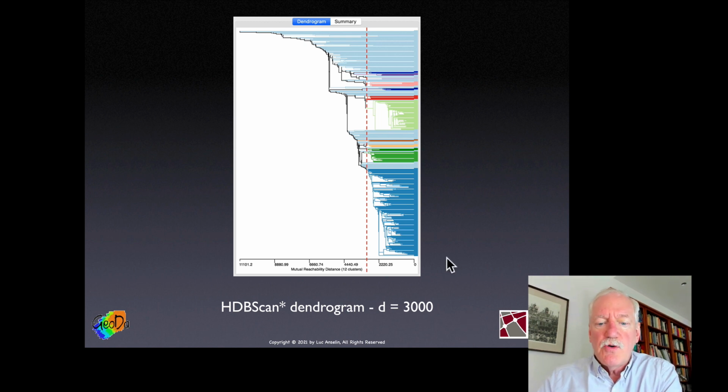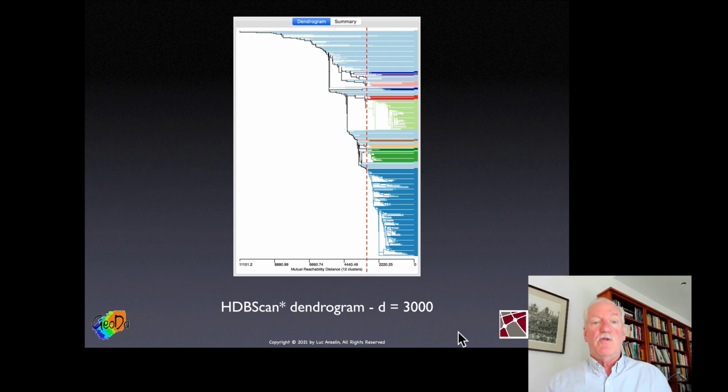This tree structure shows how we go from each point being its own cluster to all the points forming one single cluster. And applying the cuts to the minimum spanning tree is equivalent to applying a cut to the dendrogram that corresponds to the grouping of the points using their mutual reachability distance. And so each of these cuts yields a number of observations that are together and form a given cluster.